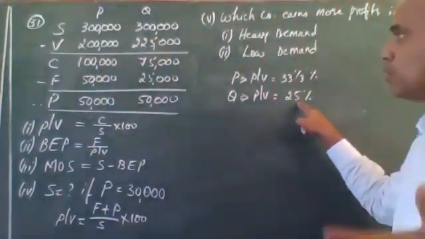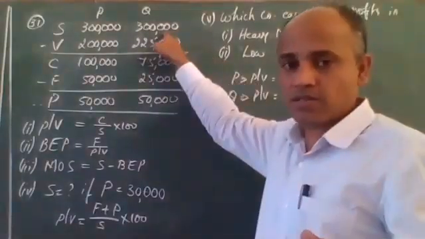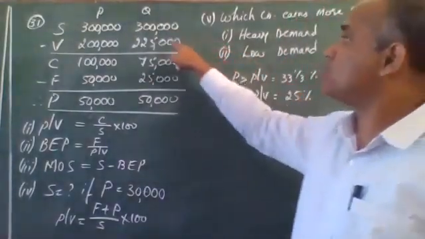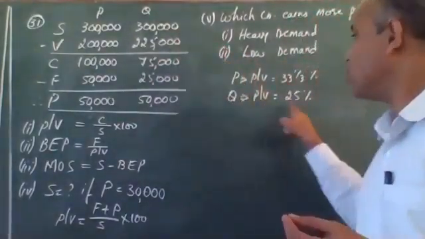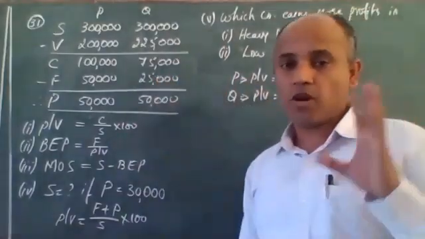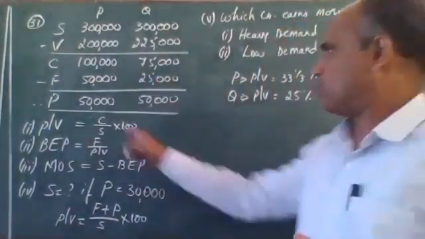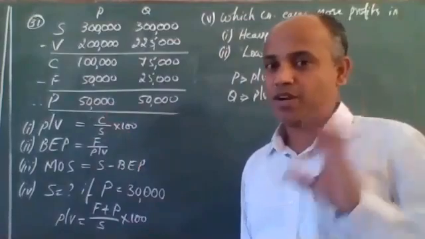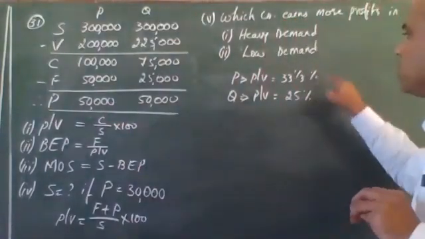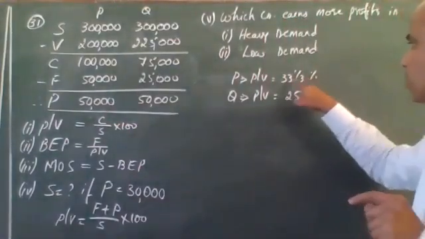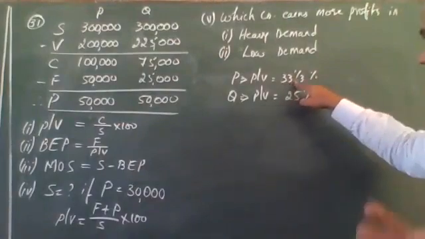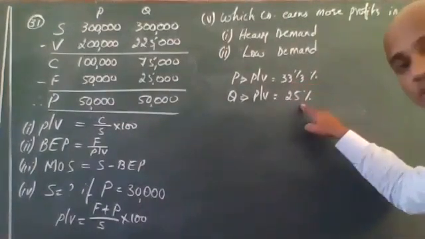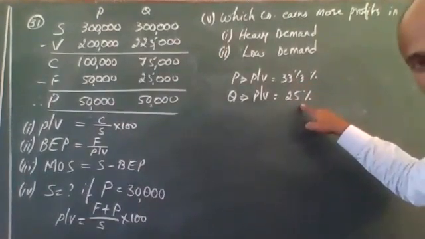When it comes to Q Limited, when you sell 100 rupees, 75 rupees is your variable cost and you are saving only 25 rupees in the form of contribution. No doubt the profits of both the companies are same at that point in time, but what we need to understand here is, here the variable cost ratio is 67%, here the variable cost ratio is 75%.